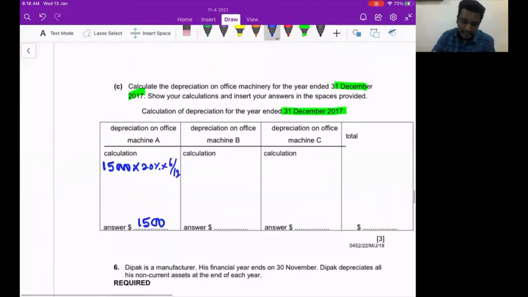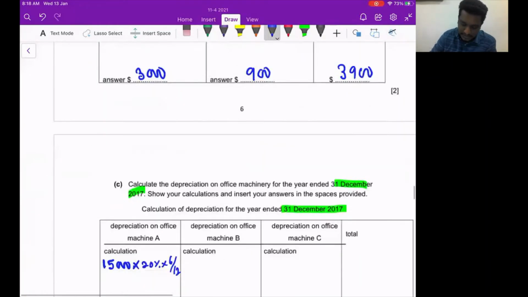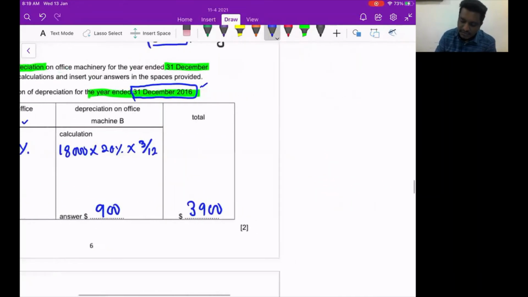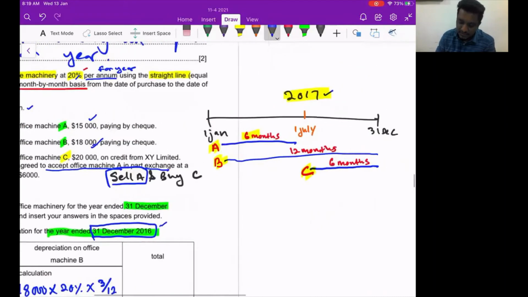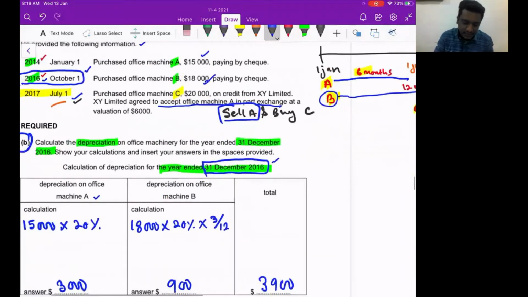Machine B. Machine B is 18,000. 18,000 times 20%. Do you need to times the number of months? No need. Why no need? Because in the year of 2017, machine B I use for a full year. But last year, I just bought it in October.